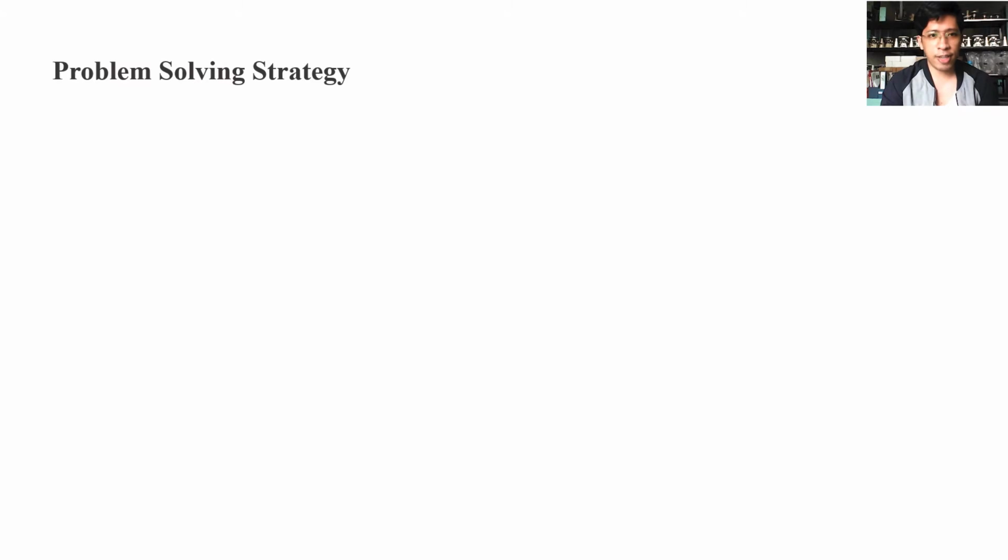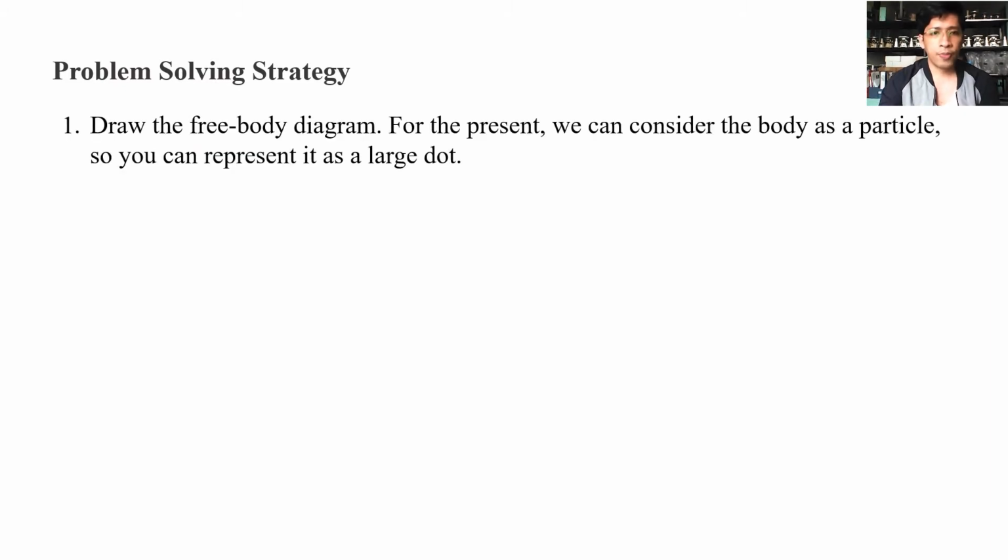Let's have some problem-solving strategy first before we go on to the problem proper. The first step in solving problems involving Newton's laws is to draw the free body diagram of your system.